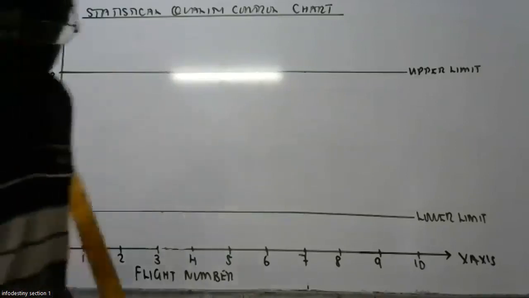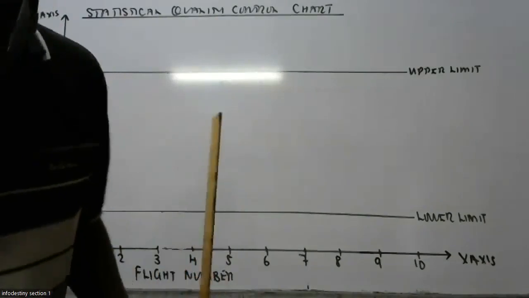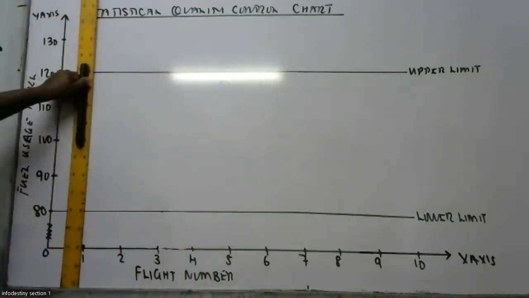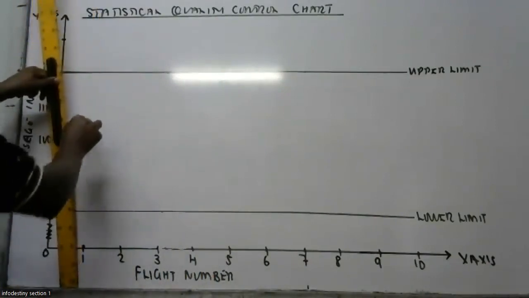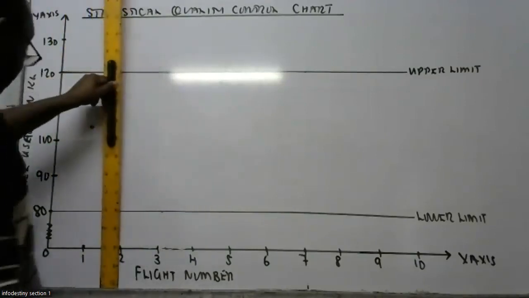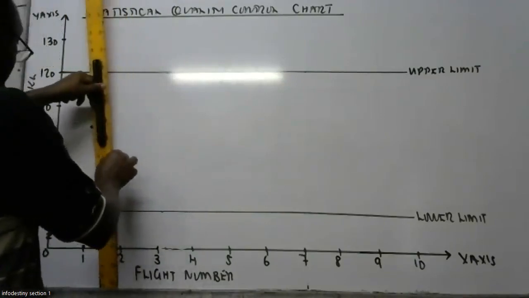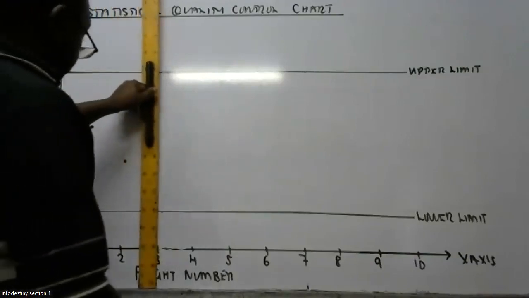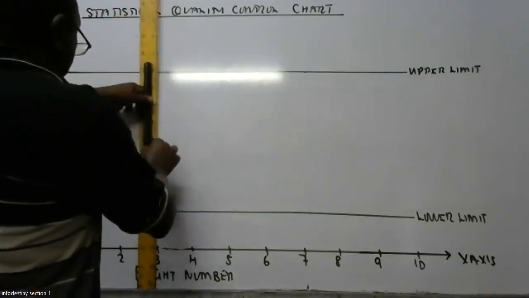So you start plotting. The first one is 104. At 1, I have 104 somewhere here. The next one is 94, so 94 is here. The next one is 97, 97 must be here.